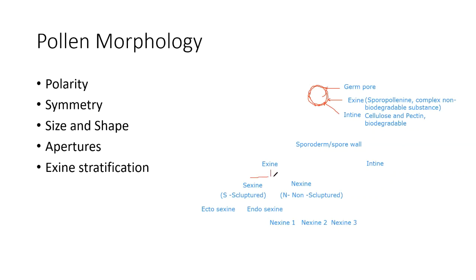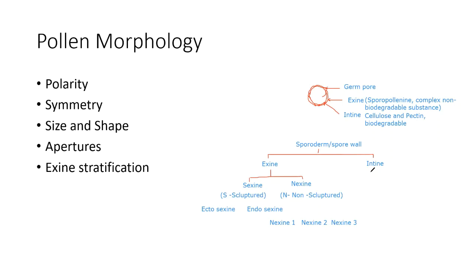Exine and intine. These are the 2 layers or 2 walls of the pollen grain. Outer exine is made up of sporopollenin, which is a complex non-biodegradable substance, whereas intine is inner, biodegradable, made up of cellulose and pectin. It is the same intine which comes out in the form of a pollen tube.